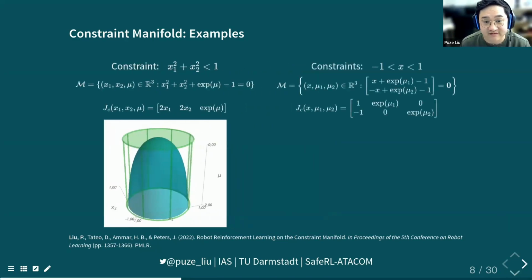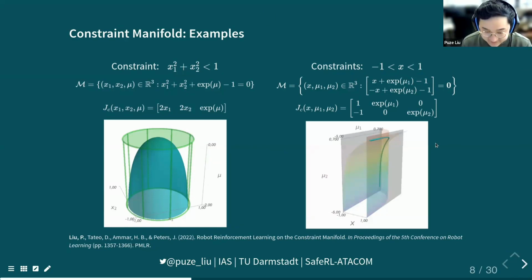Another example is a one-dimensional case where we have two constraints, on both the left and right side. We can add two slack variables here and construct the constraint manifold, which is three-dimensional but has two slack variables. Here is the manifold that we can construct. It's this blue curve that can be obtained by two curved surfaces.